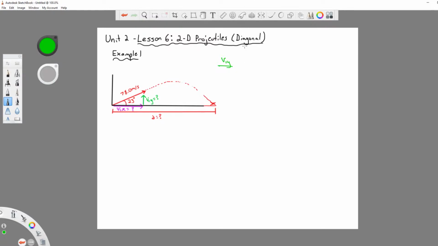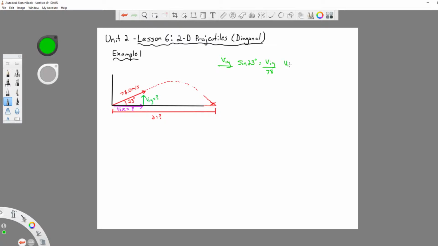VIY works out to be its opposite and hypotenuse. So opposite over hypotenuse is sine. So sine of 23 degrees is equal to our VIY value over 78 meters per second.